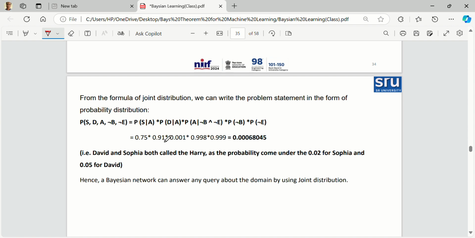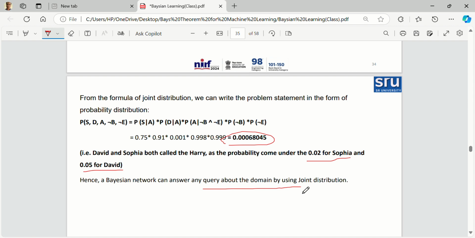Probability of S given A into probability of D given A into probability of A given not B and not E, and into probability of not B into probability of not E. Finally, you get 0.0007. So David and Sophia both called Harry, as the probability comes under 0.02 for Sophia and 0.5 for David. Hence, a Bayesian network can answer any query about the domain by using joint distribution.